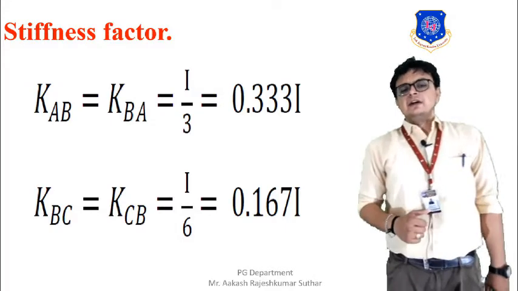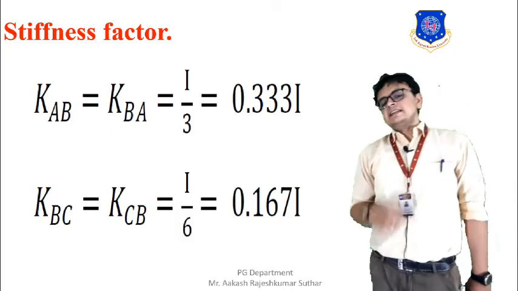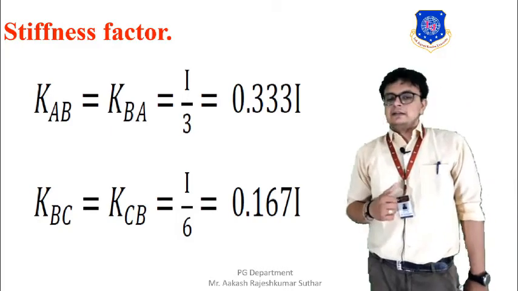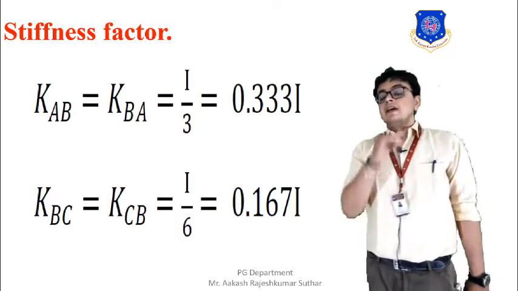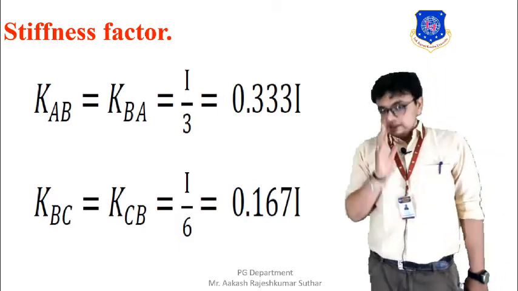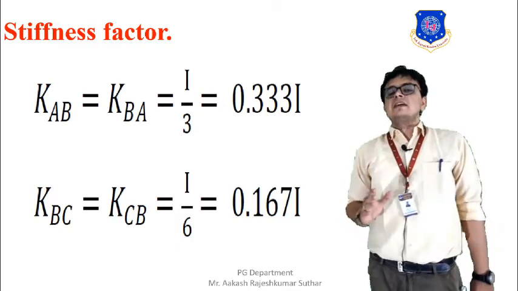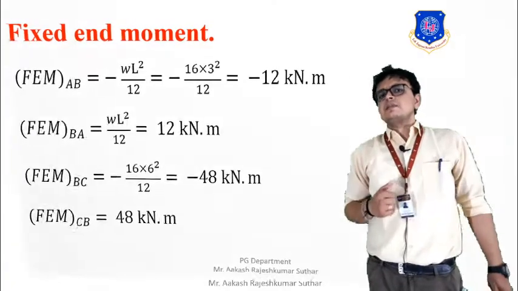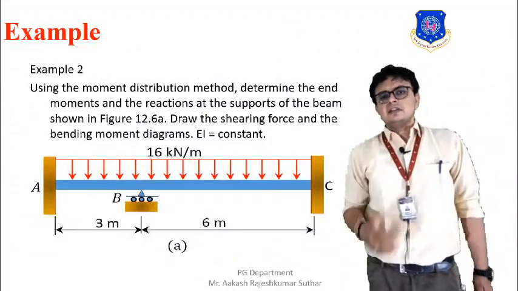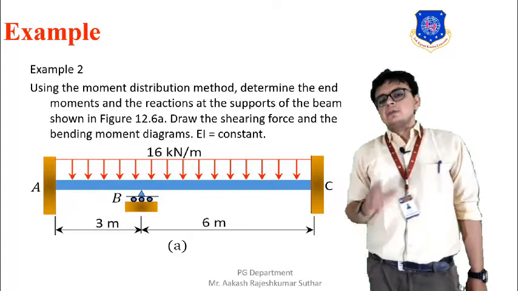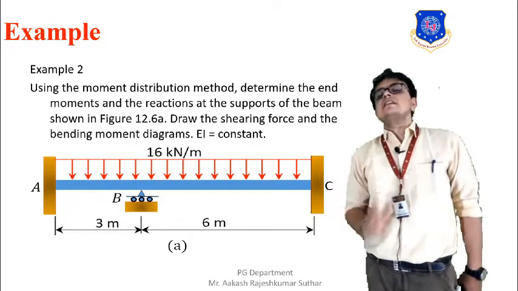Similarly for BC and CB also, the stiffness factor will be I by L. I want to tell you why we are taking I by L, because in this moment distribution method, and in the previous session also we have discussed, it is just a revision, that in between, whatever the supports are, we will be considering them as fixed.